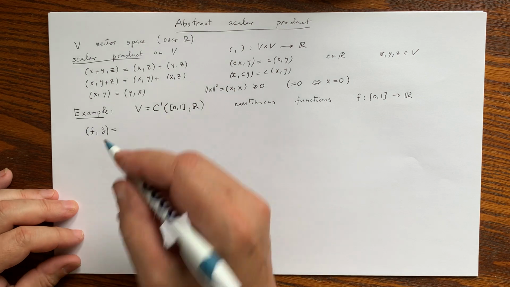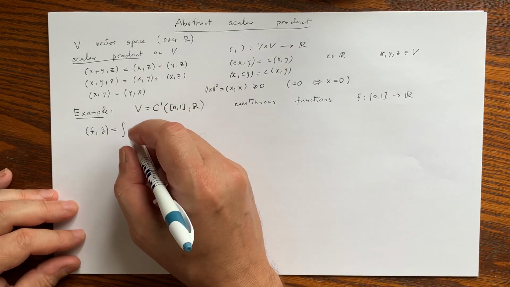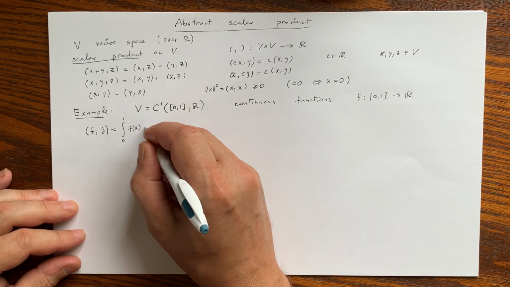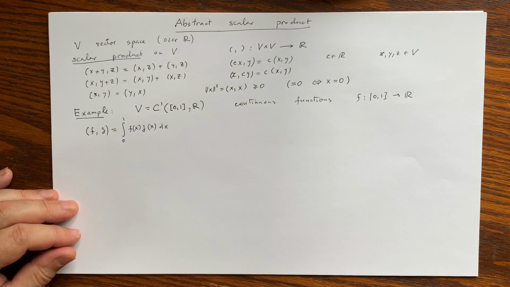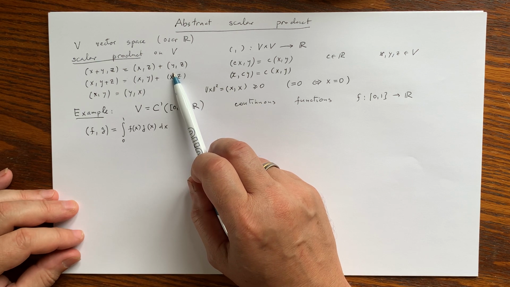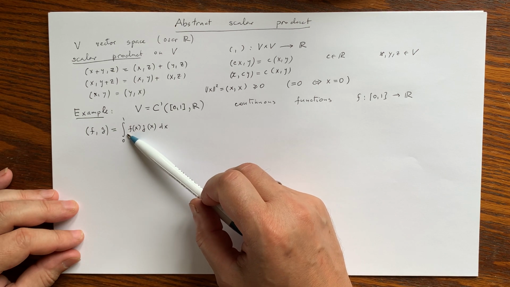by a formula. The result of the scalar product on f and g is just the definite integral over this interval of the product of the two functions. Checking the properties which make this a scalar product is straightforward.